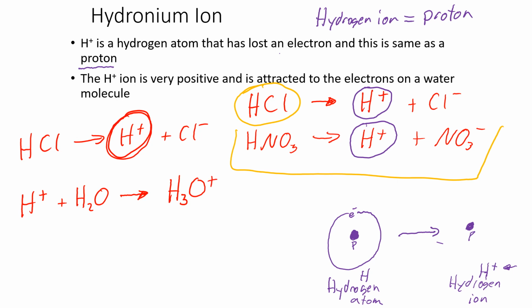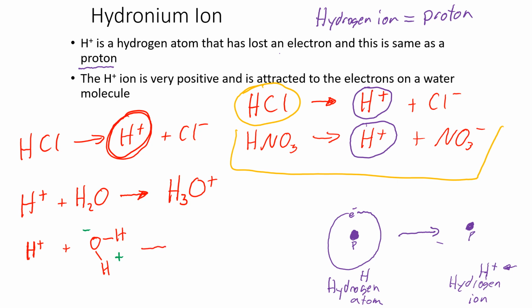So we have this proton with this water right here. Now, this water is what we call a polar molecule, and this side is relatively positively charged, and this side is relatively negatively charged.